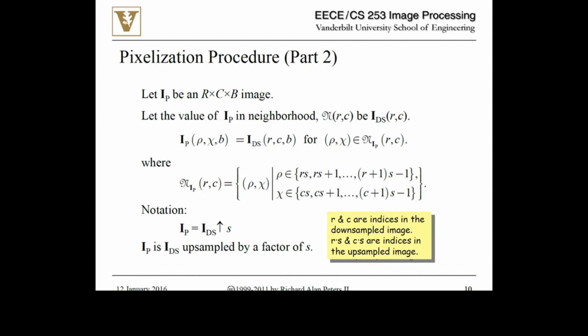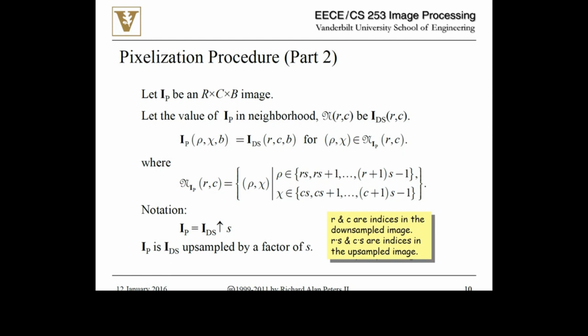So that neighborhood is all the rho and chi coordinates, and it is important to understand where each one of the coordinates live. So these rho and chi coordinates are coming from the output. That is the one that has the same pixel size as the original.